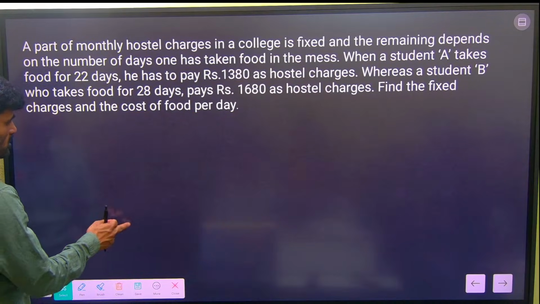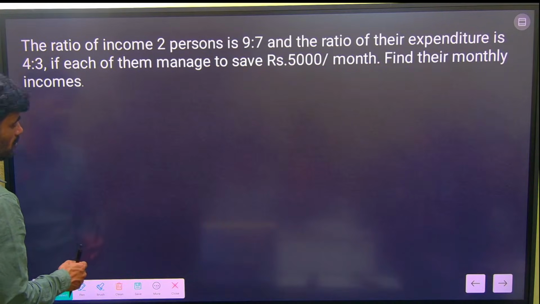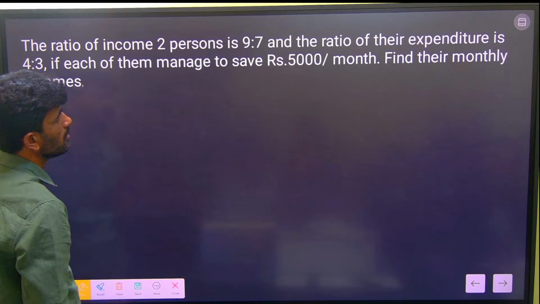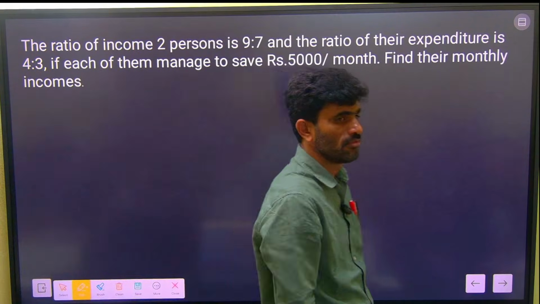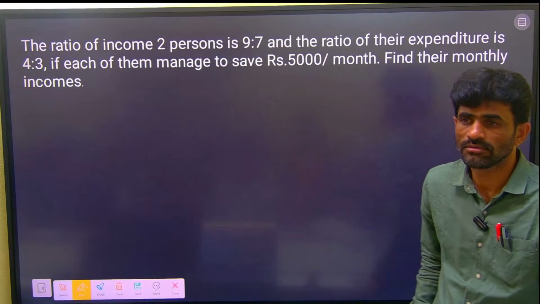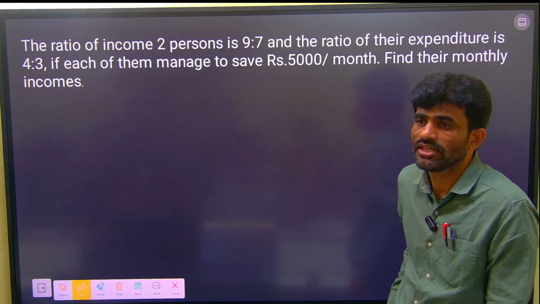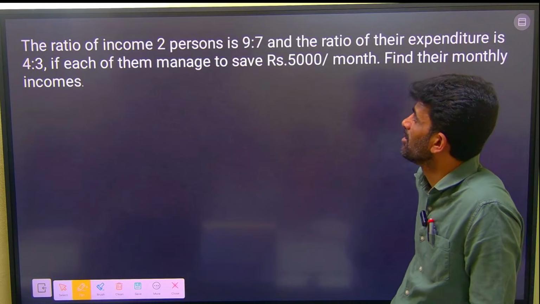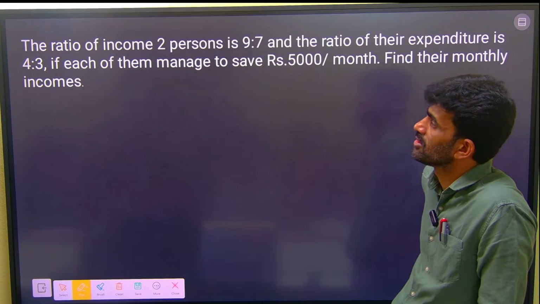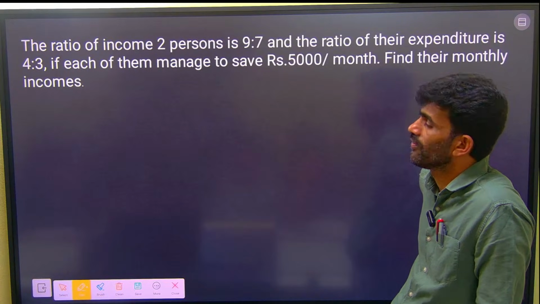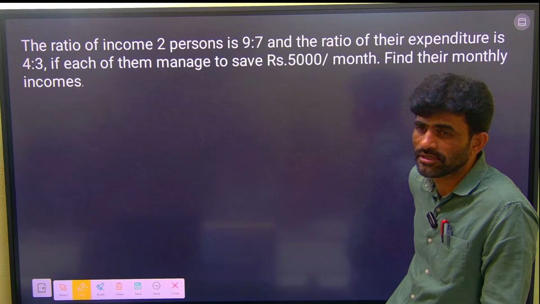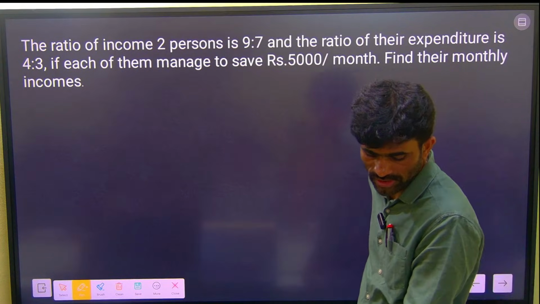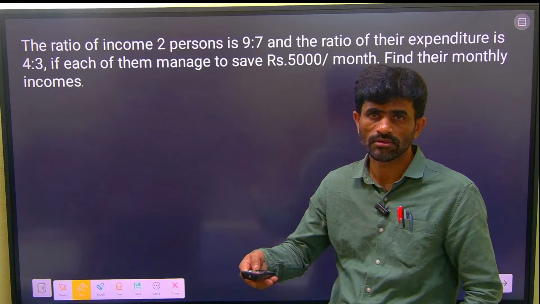So let's do the next one. This is also about saving. Saving is what? Income minus expenditure. So the income ratio is given, the expenditure ratio is given, saving of each person is also given. Write the equation. We will discuss again later, but once you try how to write the equation.